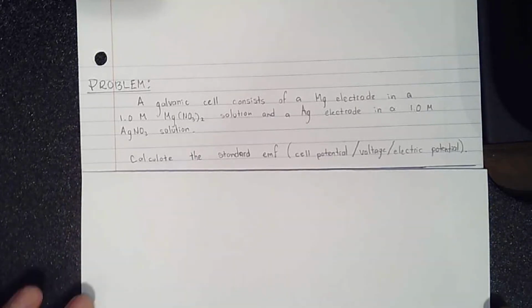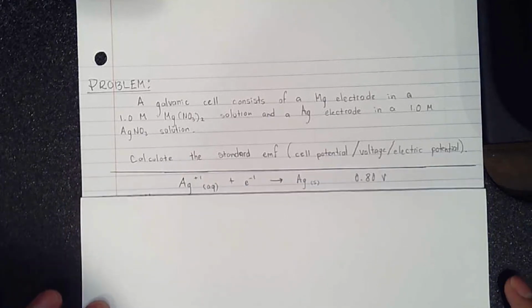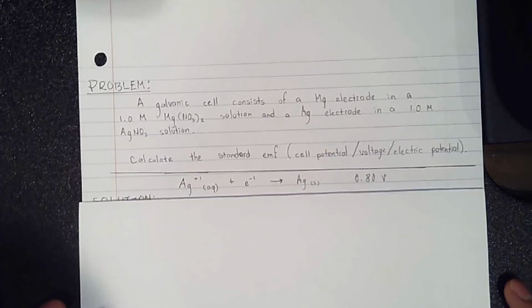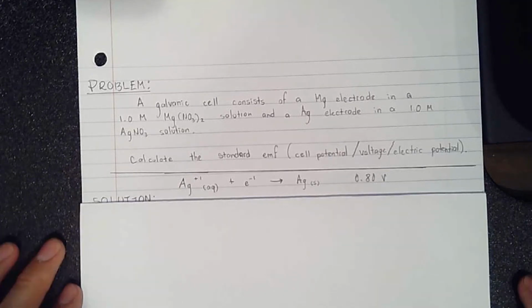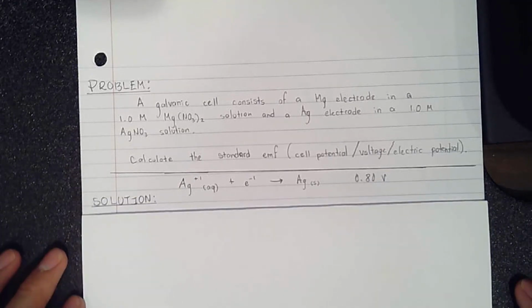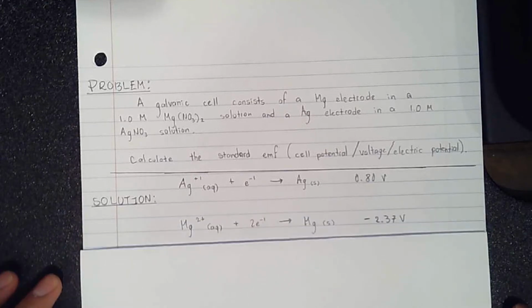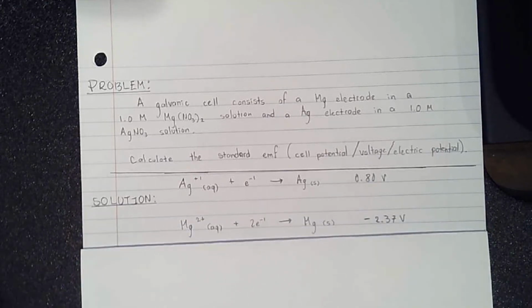So if we take a closer look at that, we will find that for silver, when it gains one electron, about 0.8 volts are provided. Looking now at magnesium, we see that when magnesium gains 2 electrons, negative 2.37 volts are produced.